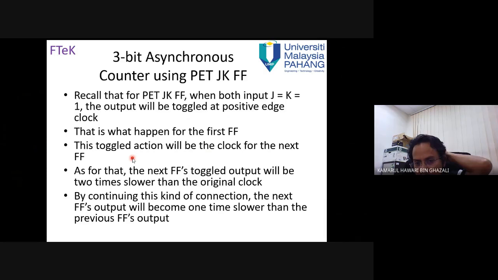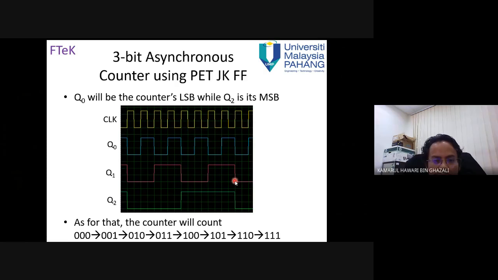This toggle action will be the clock for the next flip-flop. As a result, the next flip-flop's toggle output will be 2 times slower than the original clock. By continuing this kind of connection, each next flip-flop output will be 2 times slower than the previous flip-flop output. We will see the effect when we connect the second flip-flop to the output Q bar.